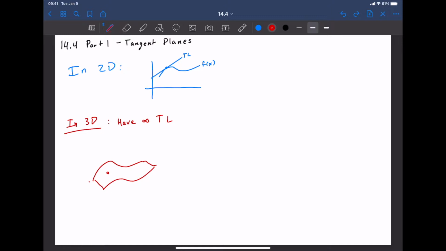Instead, it's going to be relatively easy for us using partial derivatives to talk about two special tangent lines.